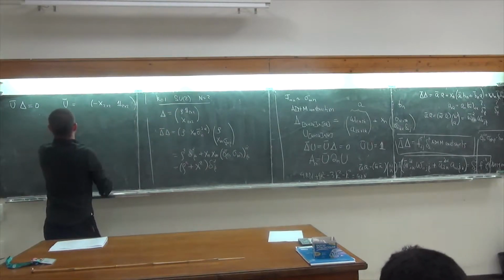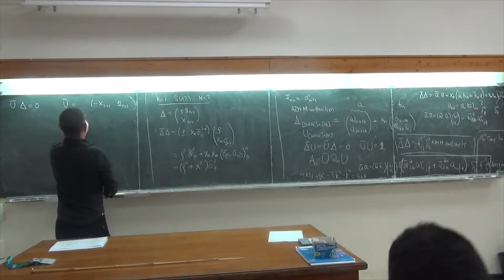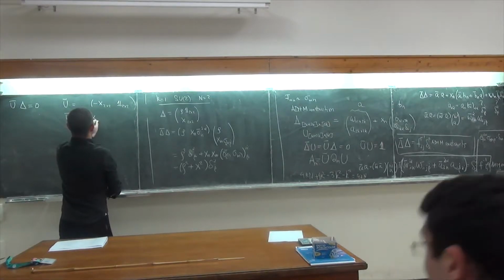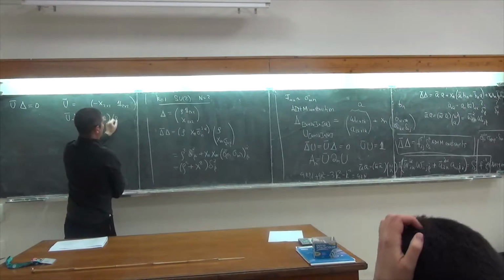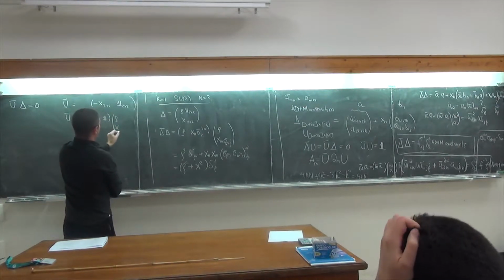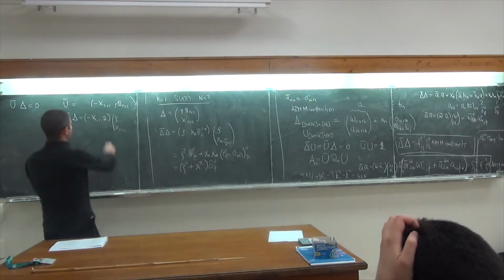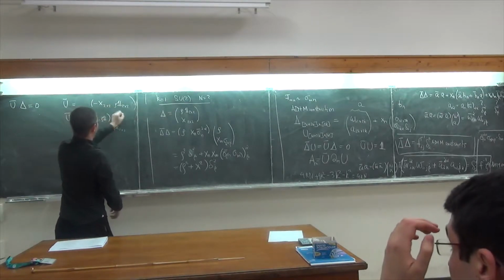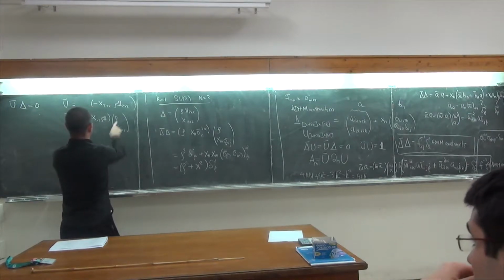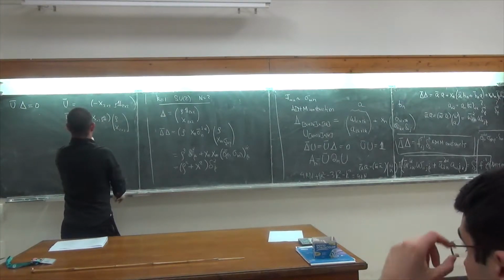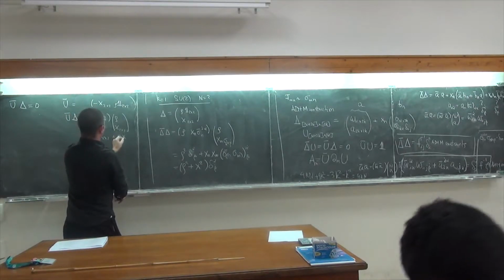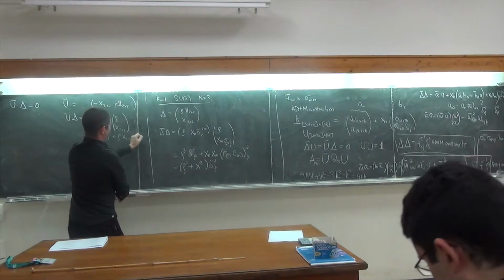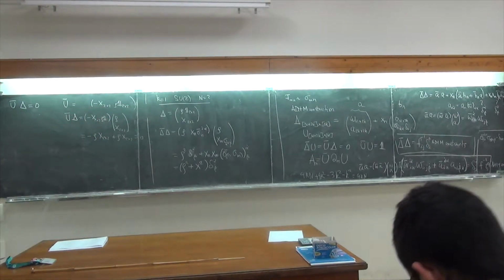U bar times delta gives minus x2 to 1 rho, x2, sorry, I take a rho here. Then this is equal to minus rho x22 plus rho x22, which is okay, this is a trivial solution.